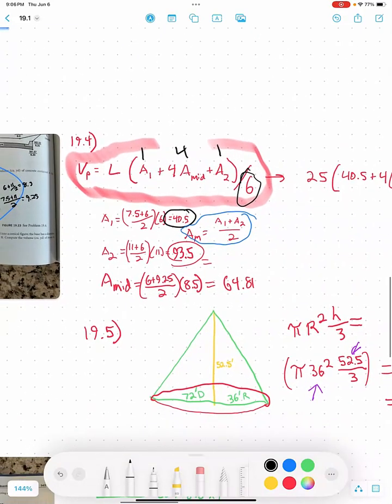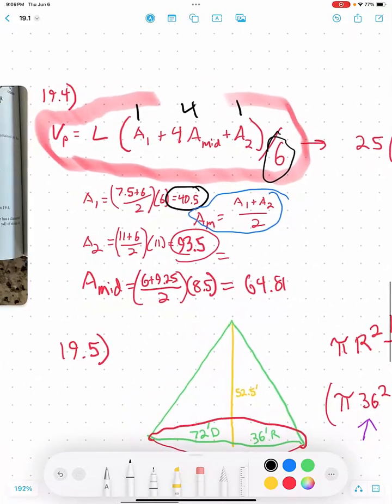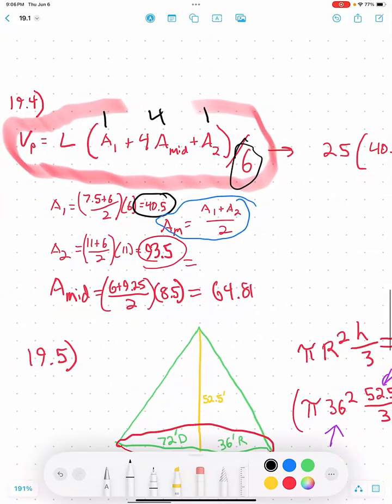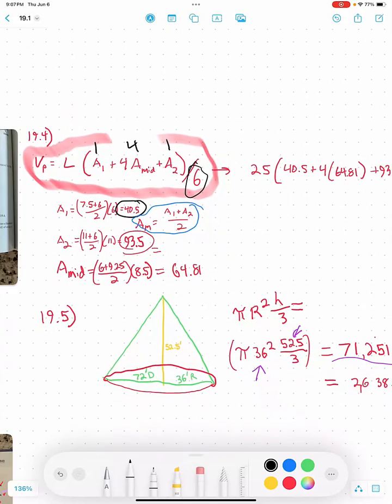Okay, moving over to the actual calcs here. We're going to use the volume of the prism formula: length times area 1 plus 4 times area of the mid plus area of the end, all divided by 6.